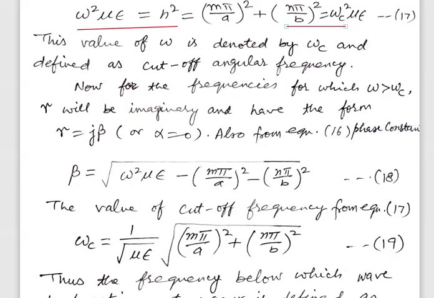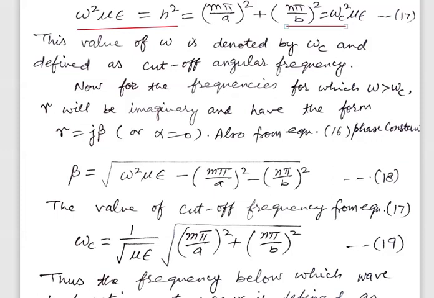So for frequencies above the cutoff frequency, gamma is equal to j beta, which means gamma will now become a complex quantity, and alpha, which is the attenuation constant, is equal to 0.